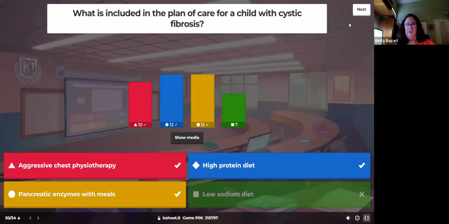So what do we need to do for this child? Well, we're going to have to do aggressive physiotherapy for the chest. We need to give those pancreatic enzymes with the meals, high protein, high calorie, and do not ever hold the sodium because they're losing it in their skin all the time. So high sodium, give them a salt shaker.